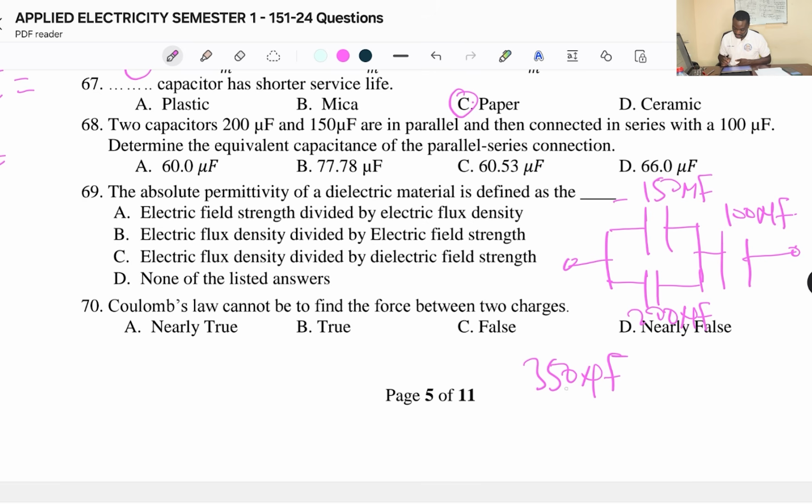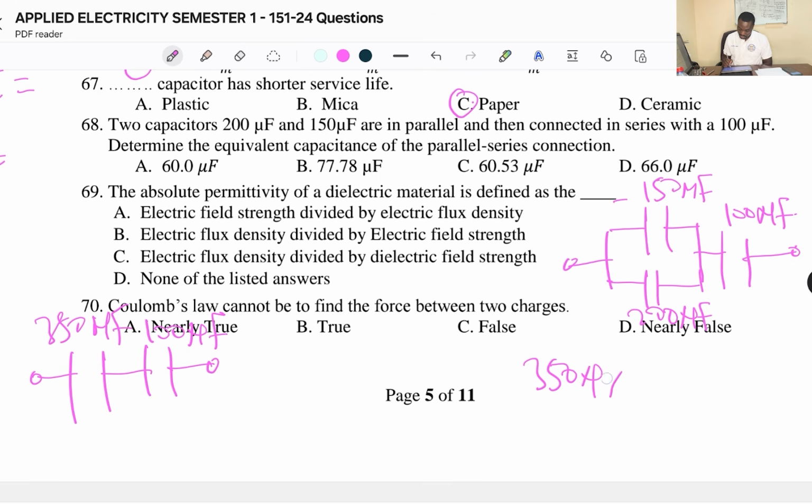After that, this is in series with what? So you now have 350 microfarad, now in series with 100 microfarad, right? We are now interested in the equivalent capacitance for these two, and that would just be the product over the sum, since they are just two capacitors connected in series.